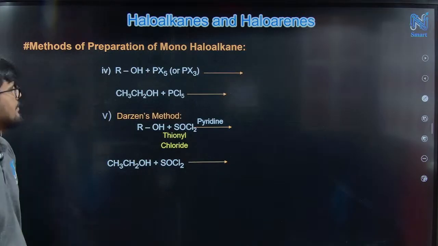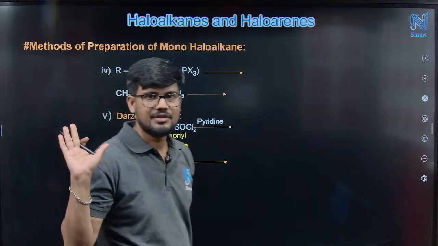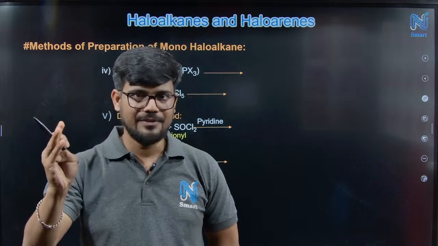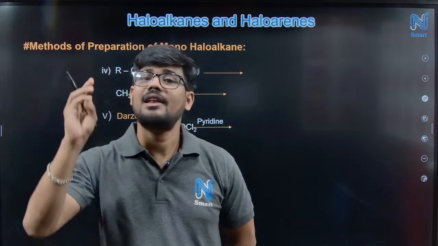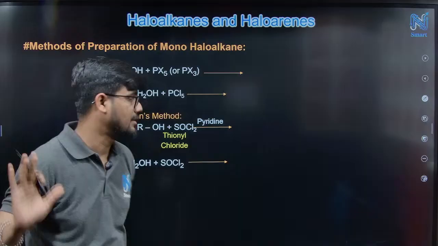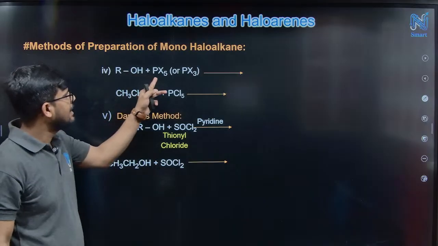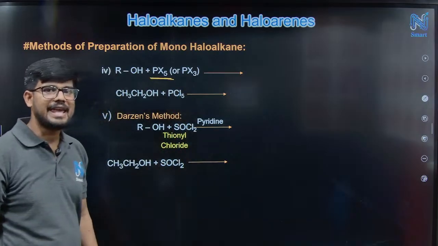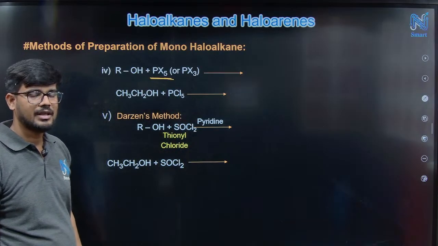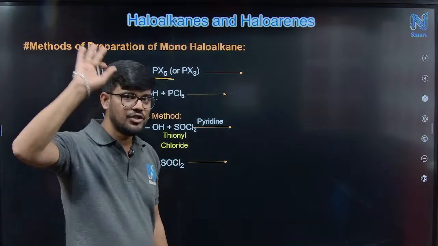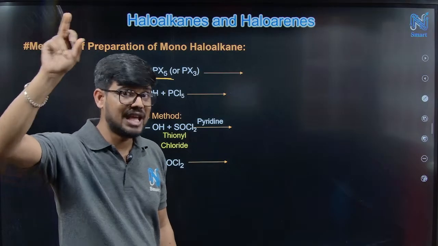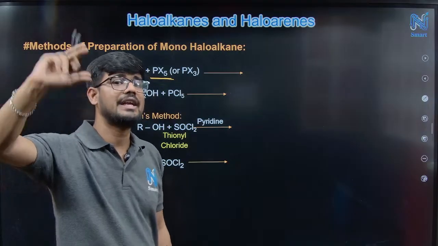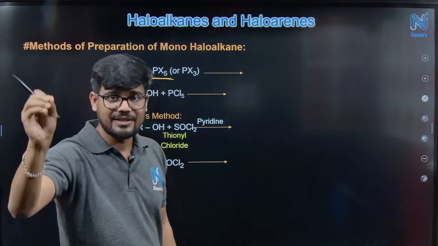Next, this one. Up to the last slide we have studied how to prepare alkyl chloride, alkyl bromide and alkyl iodide. Three processes done. Next, here instead of HBr we are adding PX5 or PX3. Up to the last example we used HX with alcohol, meaning alcohol reacts with HX and you get RX.